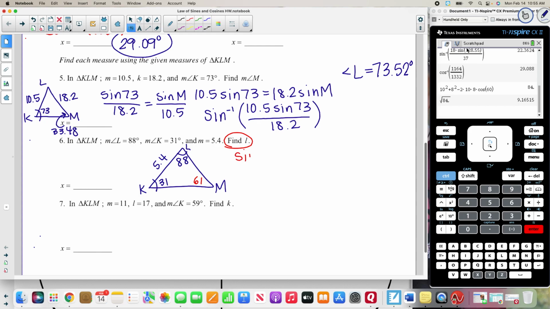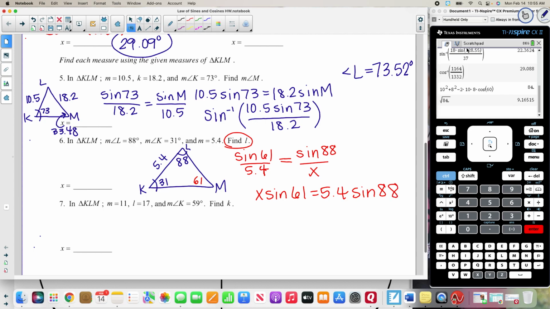So sine 61 over 5.4 equals sine 88 over x. Cross multiply. So x sine 61 equals 5.4 sine 88.